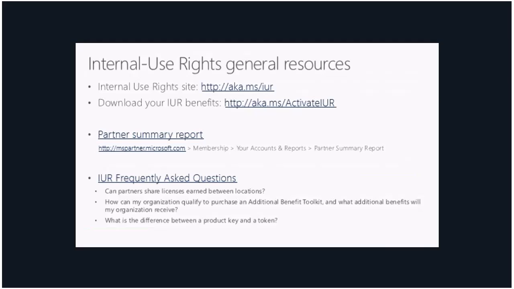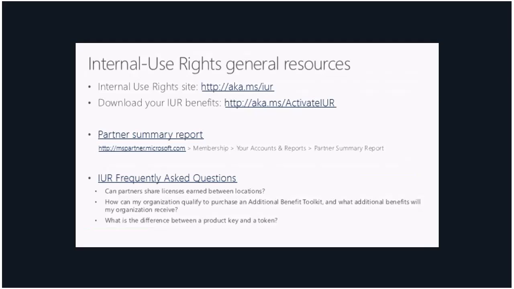How can my organization qualify to purchase an additional benefit toolkit? What is the difference between a product key and a token? All these questions are answered in this guide that is available to you on the internal use rights site. So if you go to the site, make sure that you go through the frequently asked questions document and have that guide at hand when you're trying to activate your internal use rights benefit.